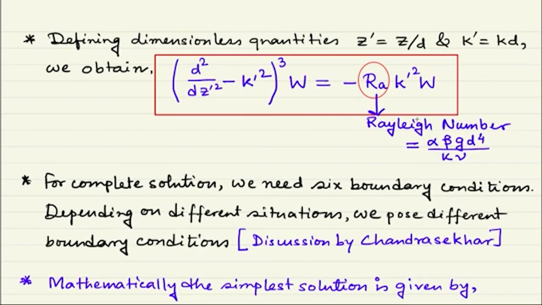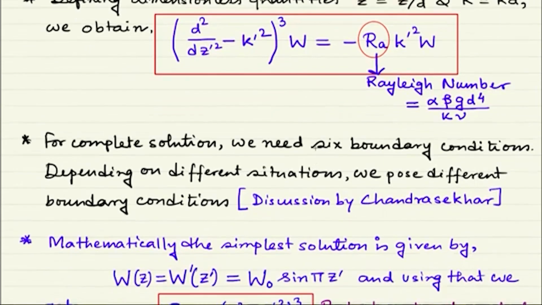So the Rayleigh number in some way gives you the importance of the effort of the system to make a temperature gradient against the effort of the system to destroy that temperature gradient. You can easily understand that if the Rayleigh number is larger and larger, then the system can be subject to more and more convective instability.